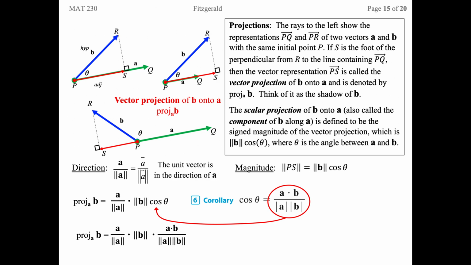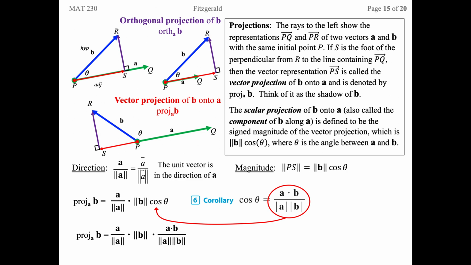However, there's one more type of projection that we have to look at in this diagram before we move on, and we have to add these in. Those are the orthogonal projections. If you notice, all my dotted lines have those purple vectors going from S to R. That is your orthogonal projection of B onto A. So that's the name of that vector, and we can find that value too.